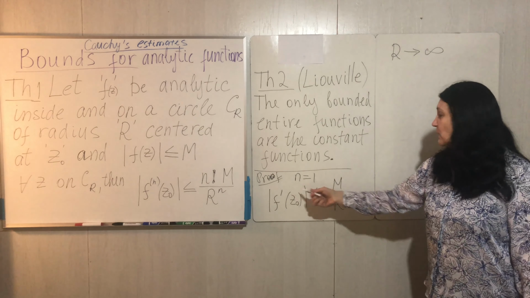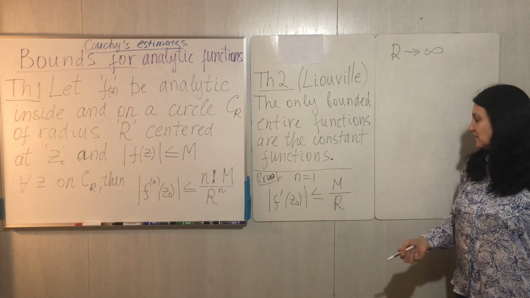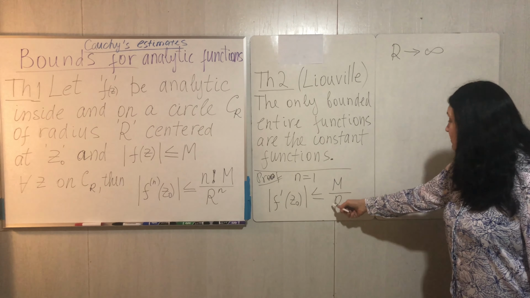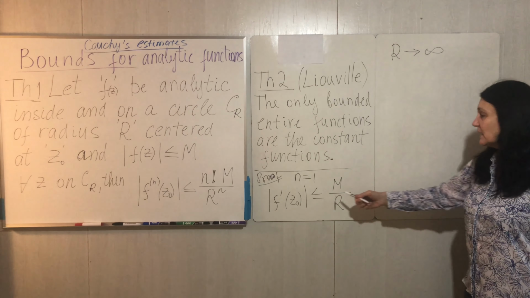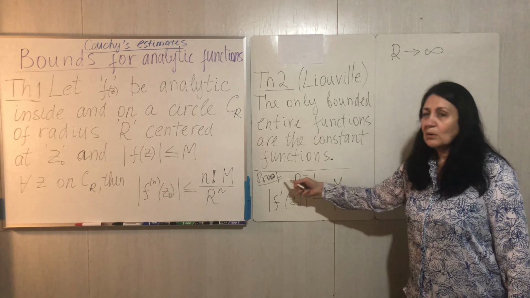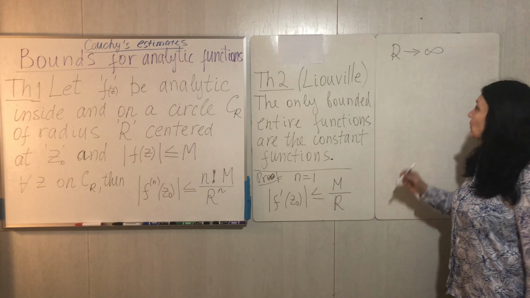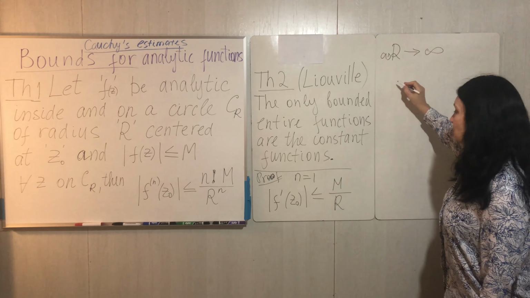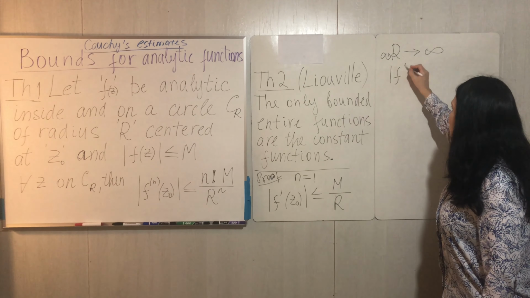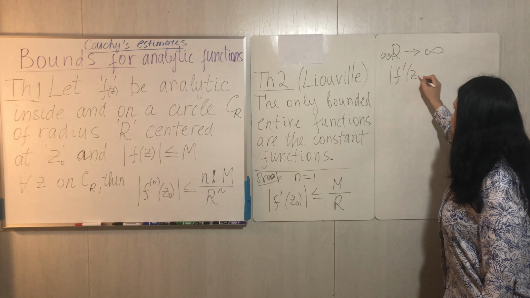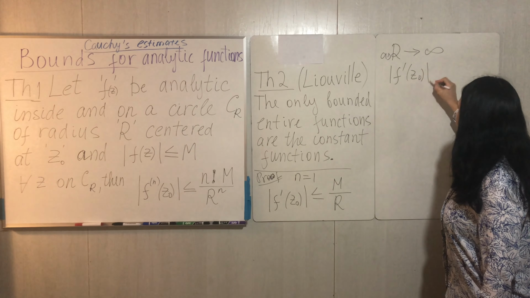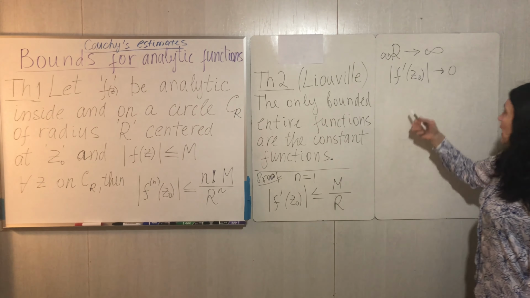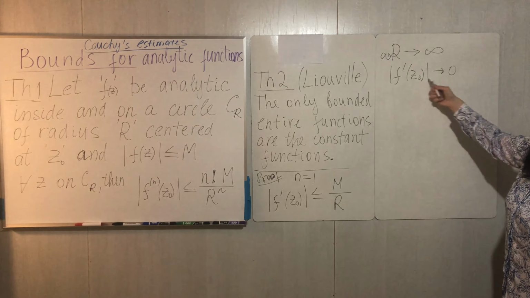The function is bounded, so we know that there exists such a constant M, and when r goes to infinity, this will go to 0, right? As r goes to infinity, this will go to 0.